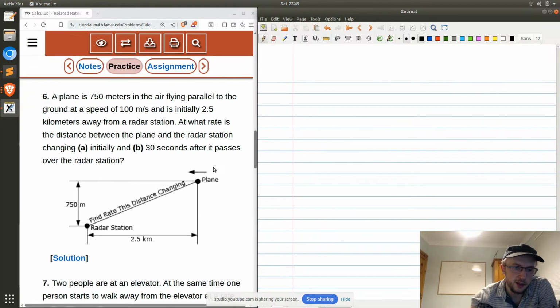All right, and we have a nice diagram here. Pretty much just the same thing. Okay, then.